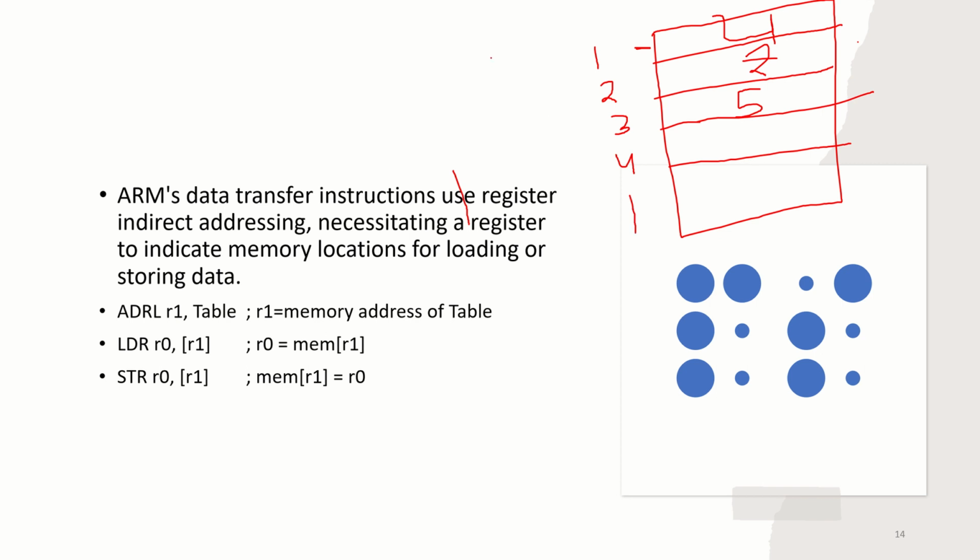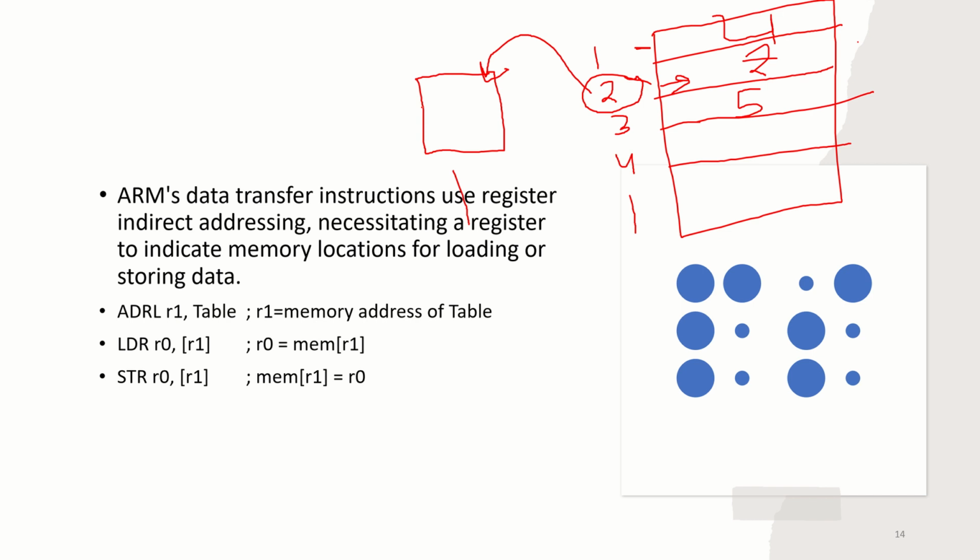But in ARM, we cannot directly access using the address. First, we have to load this address. If you want to access this data, the corresponding address needs to be loaded into a register. First we load the address into a register, then we can access the data whose address is stored in the register.